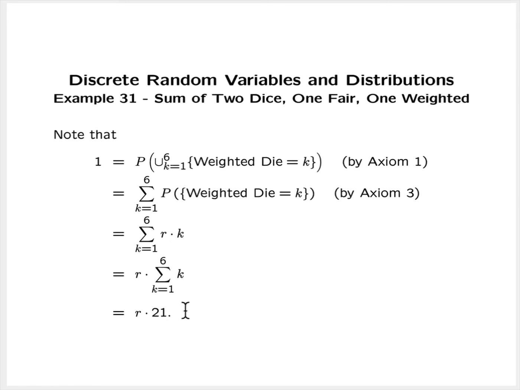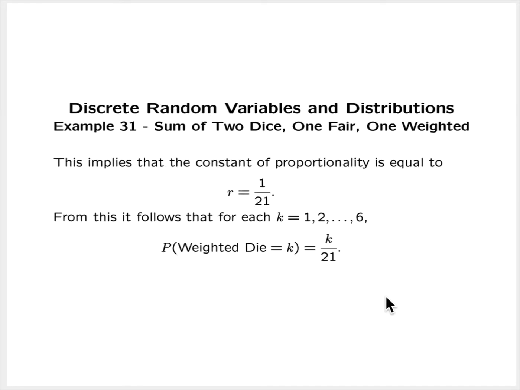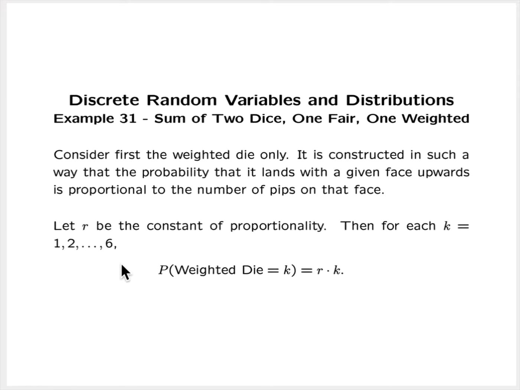Now that is equal to 21. You can easily verify that. And so we have that 1 is equal to R times 21. Now we can solve that for the proportionality constant R, and so R is equal to 1 over 21. From this, we can combine it with the formula for the probability that the weighted die is equal to k from 2 slides ago.